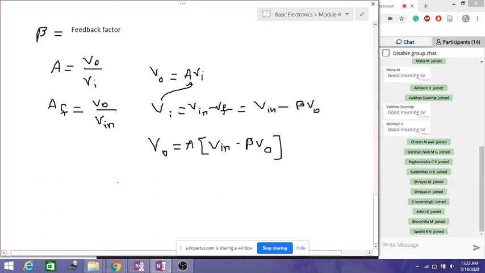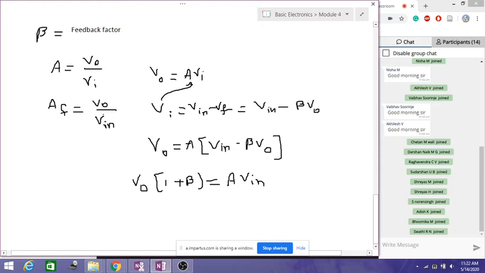There are two V naught terms, so I'll send it to the left hand side. Then if I take V naught common, I get 1 plus beta equal to A into V in.